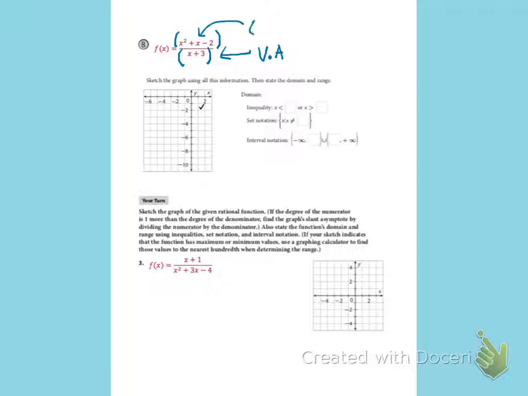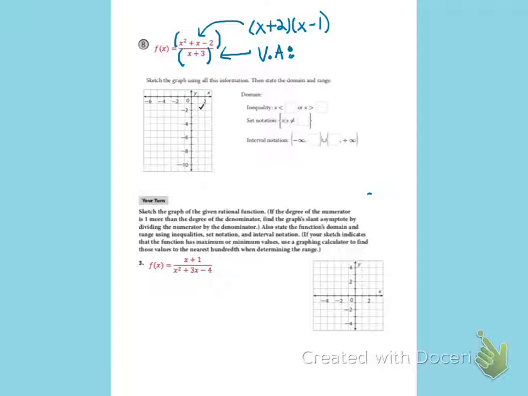And when I write it in factored form, I know I've got 2 binomials. We'll start with x. They're going to end with numbers that multiply to -2 that add to +1, which is +2 and -1. And so, yep, I can see that there's not a common factor in the numerator, so I can depend on that denominator being a vertical asymptote.